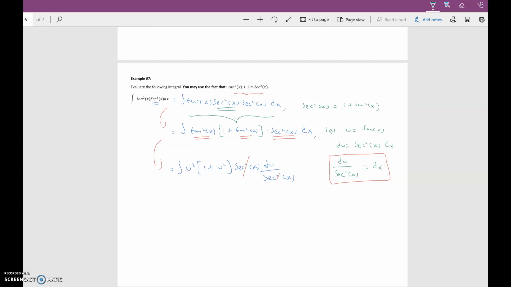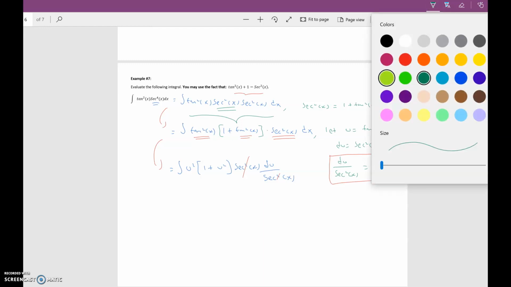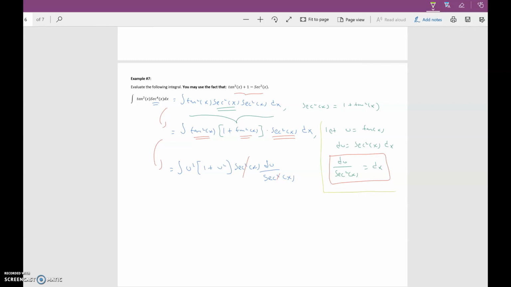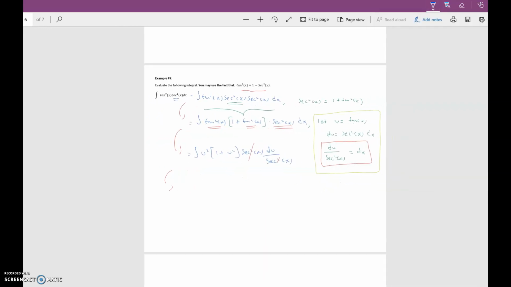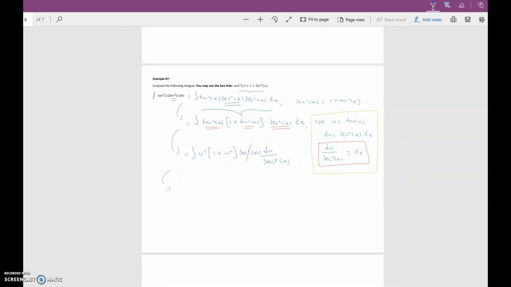And I only went for the secant squared because, as I stated before, I was trying to use the fact that the actual derivative of tangent is secant squared. So I needed a secant squared to get canceled. This one actually worked. We might have also gone back and done a different substitution.